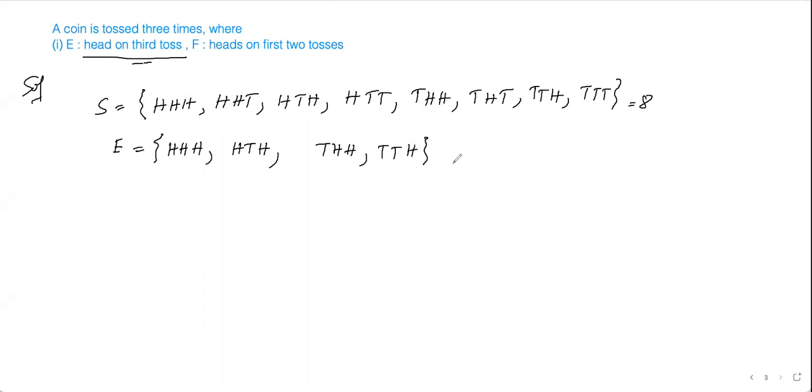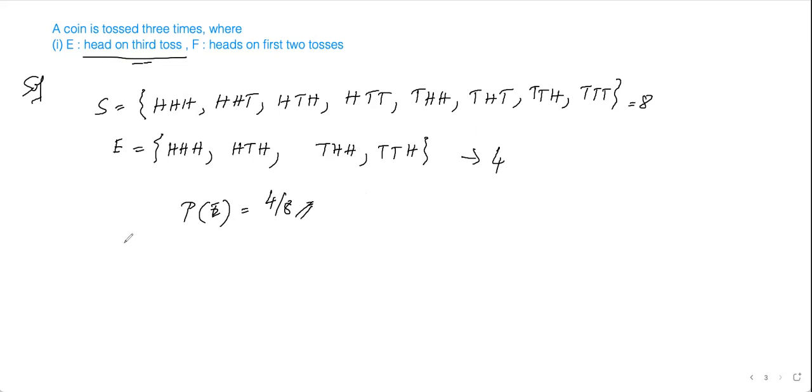So there are 4 such possible outcomes. So the probability of the event E, head on third toss, is 4 by 8, which you can simplify further or leave as it is.